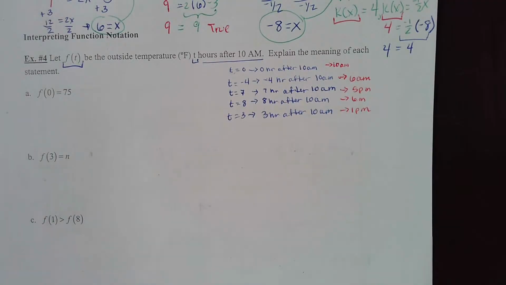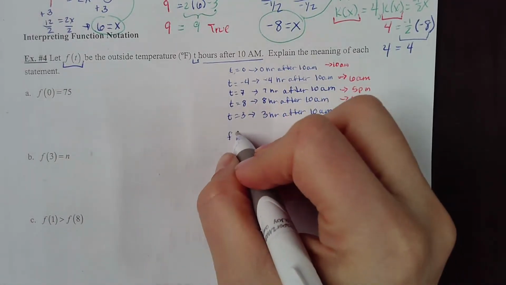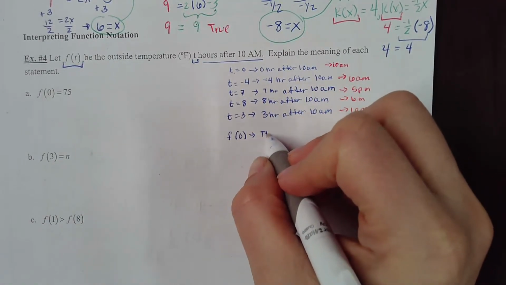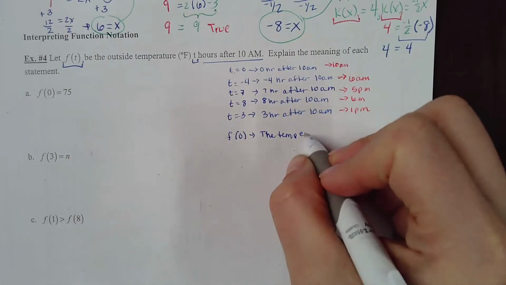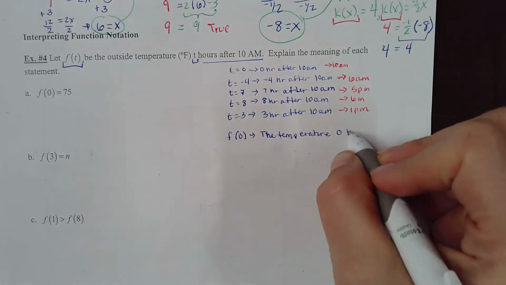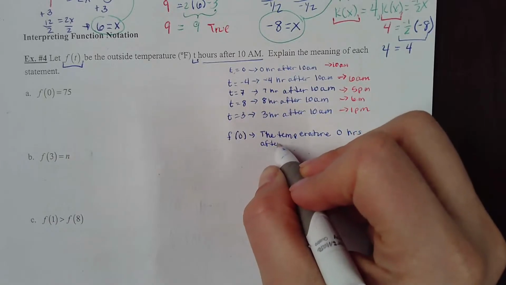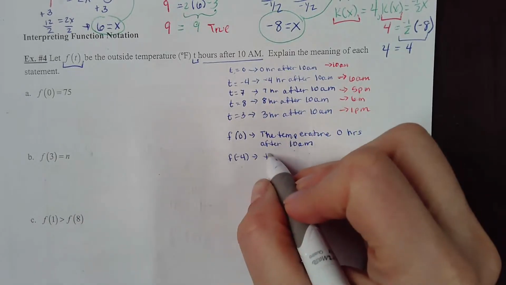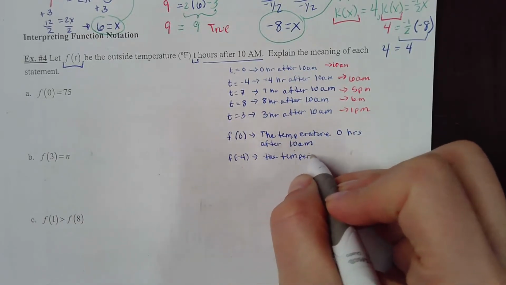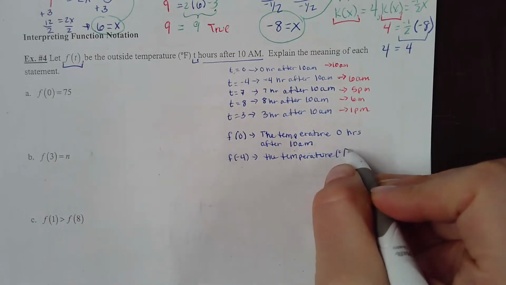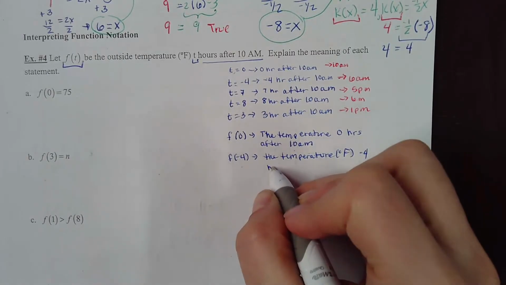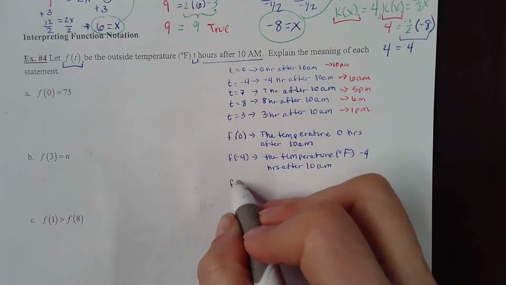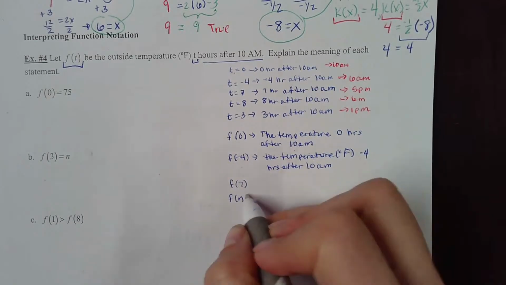If I say F at 0, I'm saying, what is the temperature zero hours after 10 a.m.? F at -4 would be the temperature in degrees Fahrenheit, of course, -4 hours after 10 a.m. F of 7, F of n.